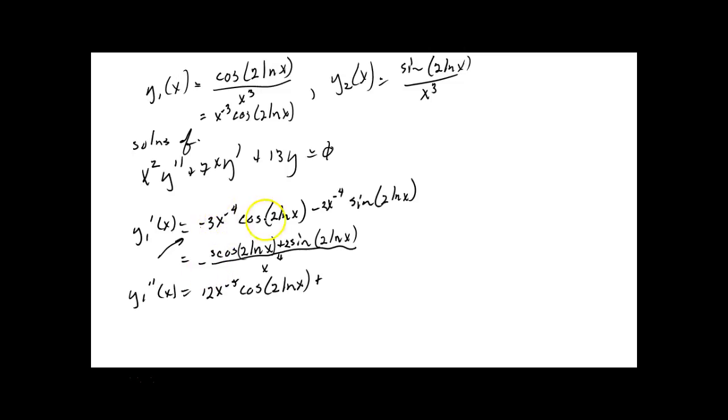This is the derivative of the first times the second, plus the second times the derivative of the first. Okay, wait a minute. No, I said it backwards. We did derivative of the first times the second. That's that one. Now we do the first times the derivative of the second. Okay, so that's going to have a 3 from here. So I'm going to put the 3 here for now. Okay.